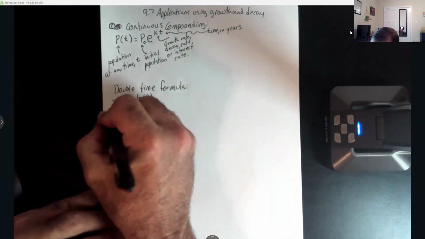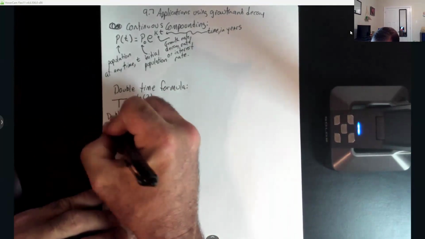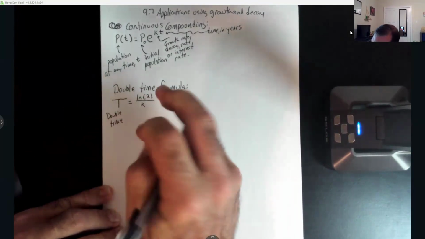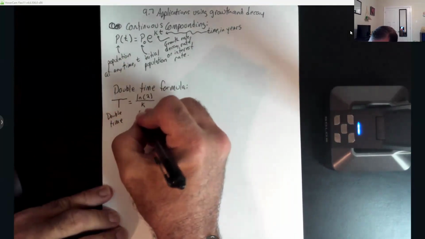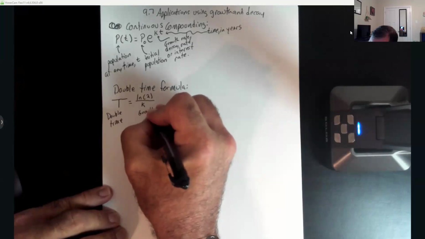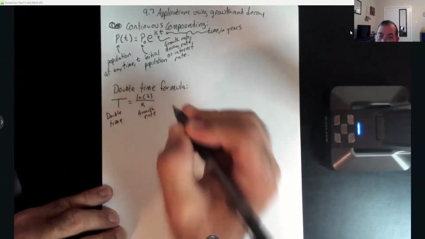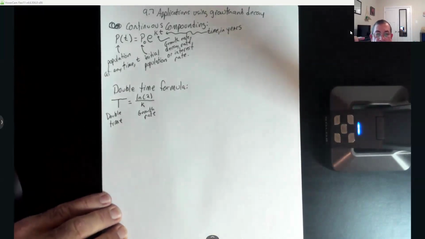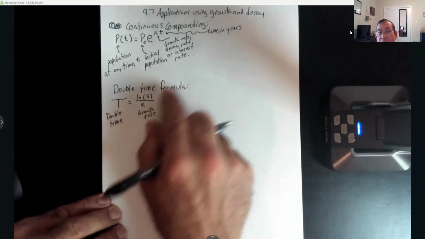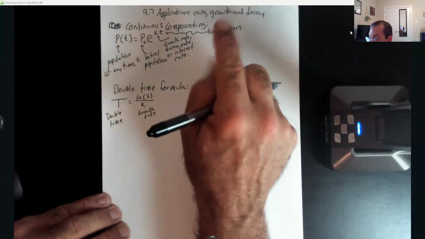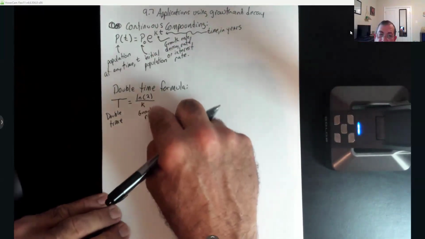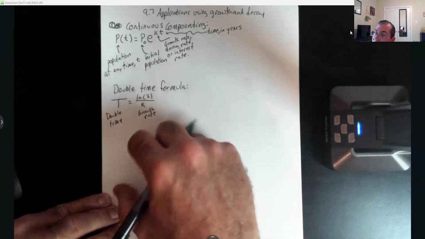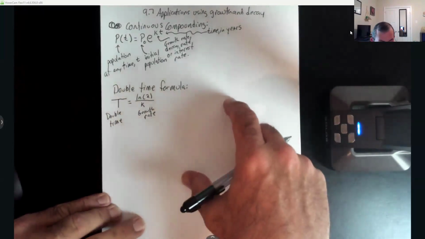So T means double time. And then k is still our growth rate, or our interest rate, okay? So if you're investing money and you have continuous compounding, you can use this formula to see how long it'll take for your investment to double.